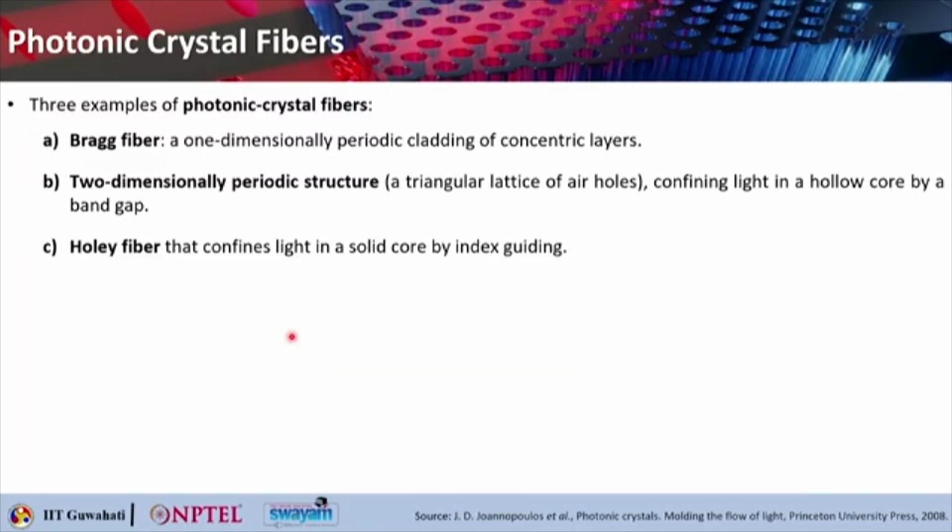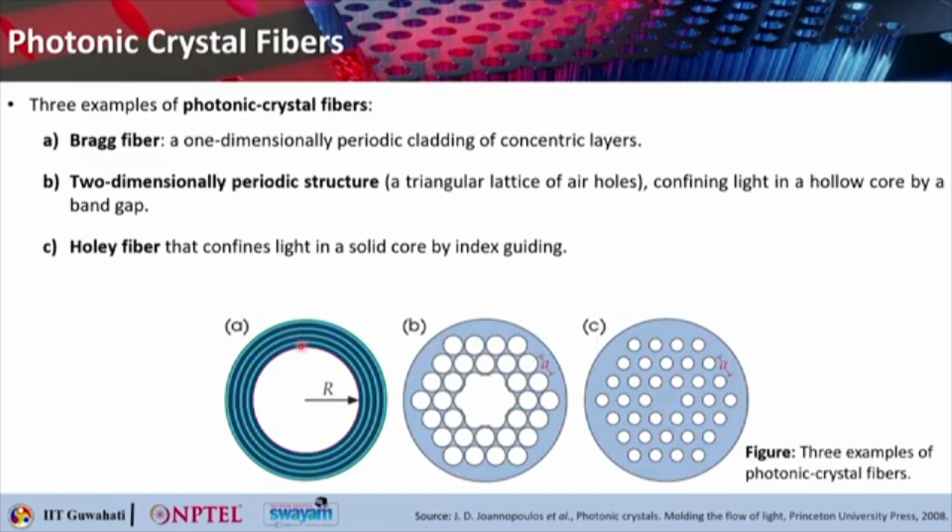So these are the three different examples of photonic crystal fibers we have discussed. One is the Bragg fiber, where you have a one dimensionally periodic cladding of concentric layers. You can have a two dimensionally periodic structure, which is a triangular lattice of air holes, where you can confine light in a hollow core by using the concept of photonic band gap.